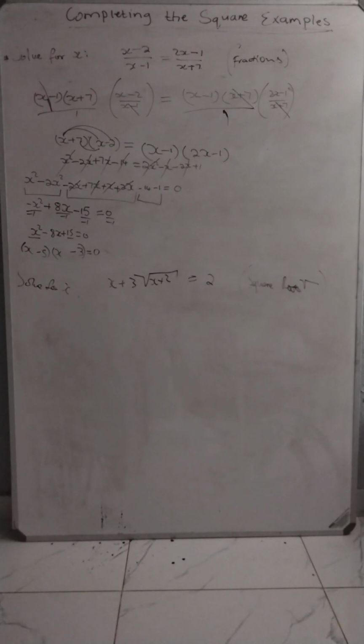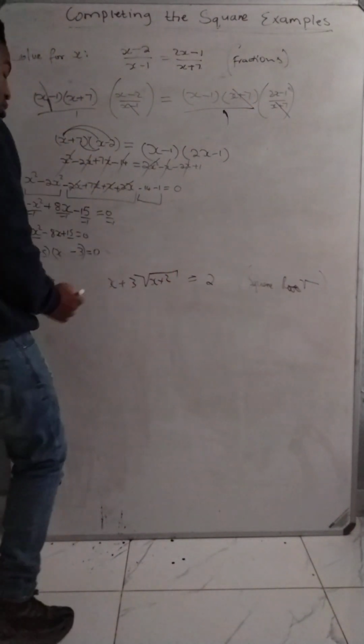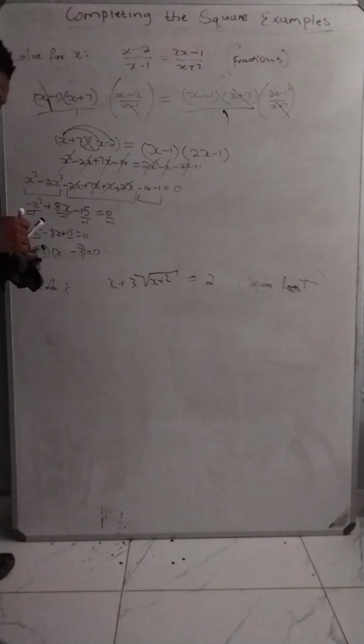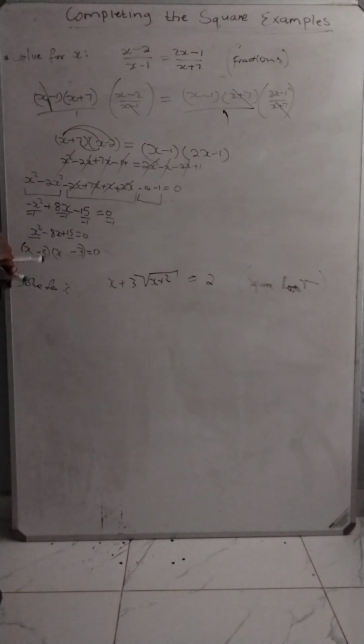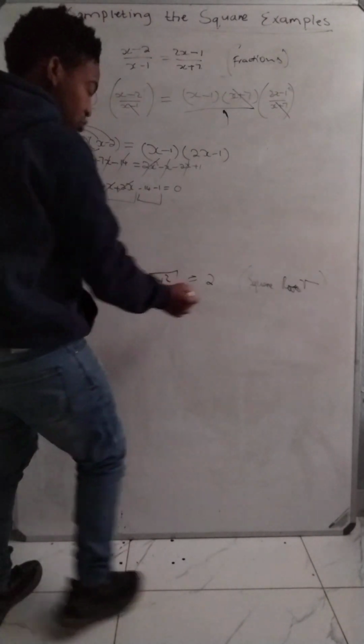Now, like I have explained in the previous problem, with fractions you just look out for the denominator. So with square roots you look at the terms inside your square root, which must not be negative. Like you have x plus 2.